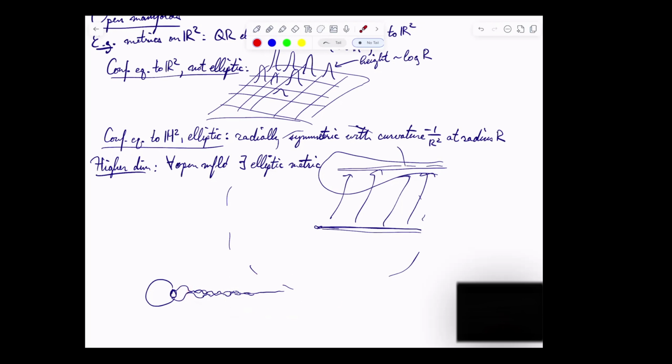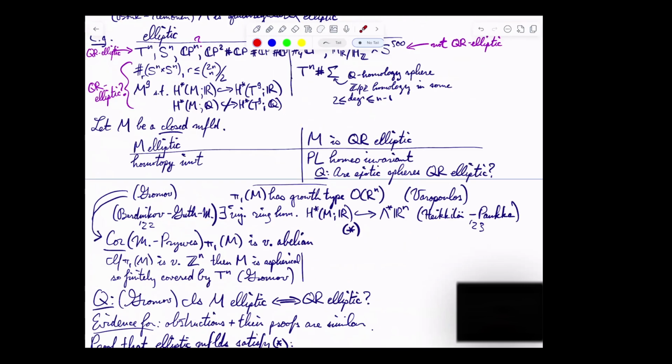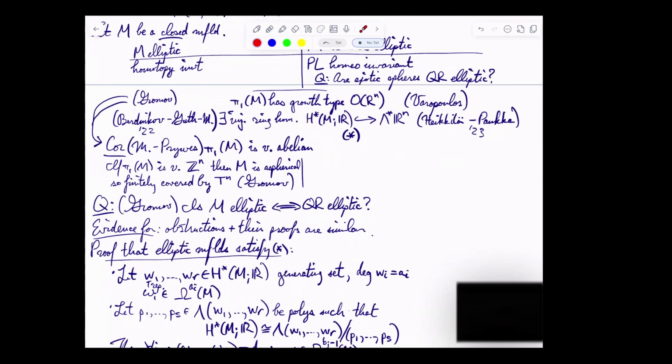So then you might ask, okay, well, what if the manifold has a Cheeger constant? Then you can get an actual obstruction, which is similar to an obstruction to quasi-regular ellipticity. For quasi-regular ellipticity, this obstruction actually extends to open manifolds, and for ellipticity, it extends to open manifolds with a Cheeger constant.